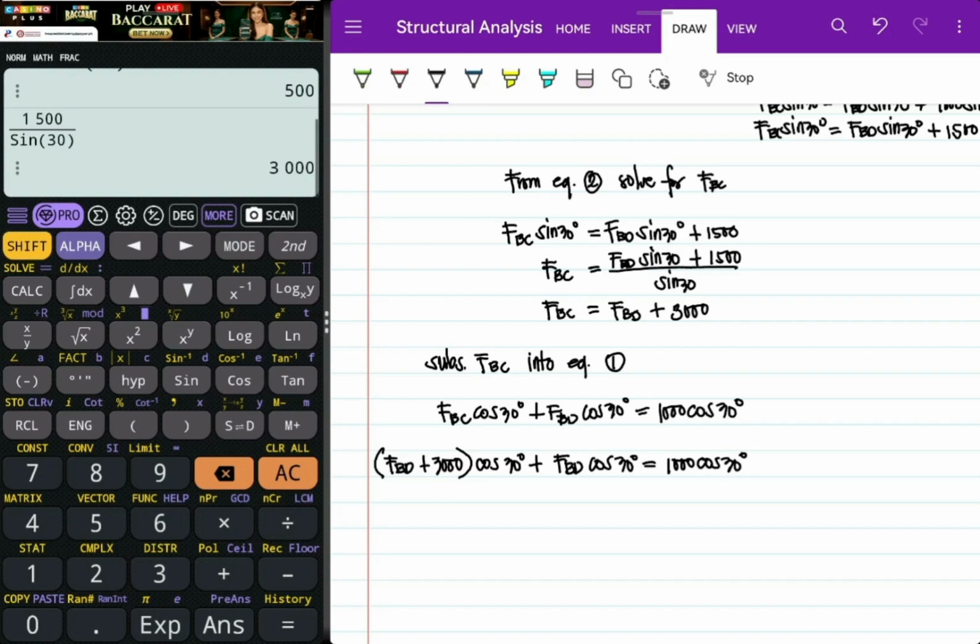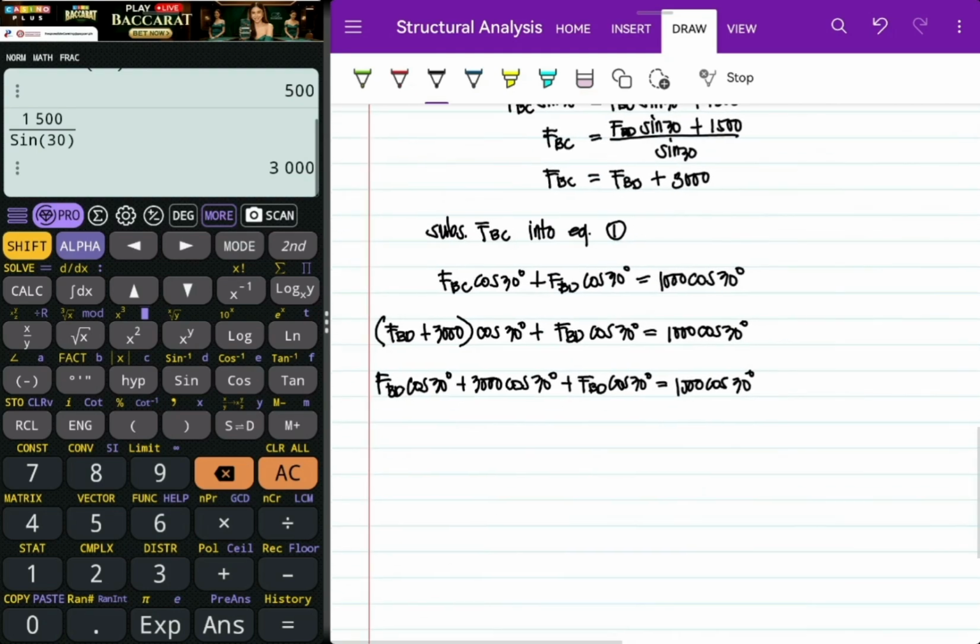Then we distribute cosine 30. We have FBD cosine 30 degrees plus 3000 cosine 30 degrees plus FBD cosine 30 degrees is equal to 1000 cosine 30 degrees.